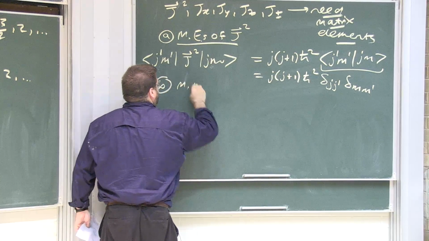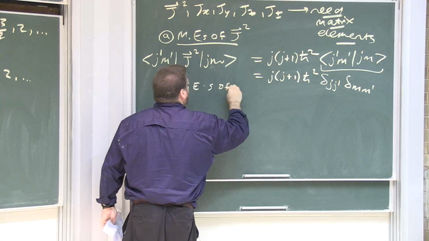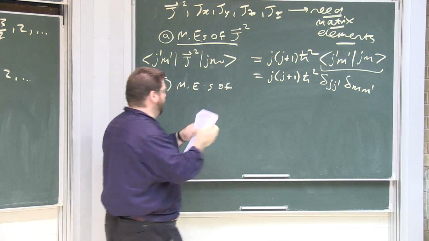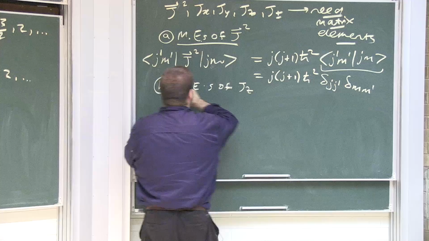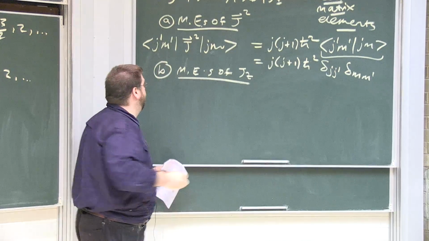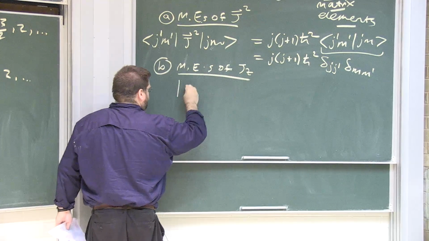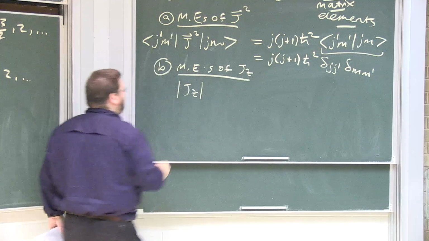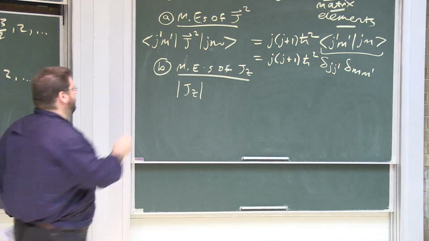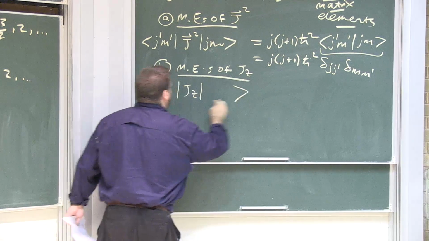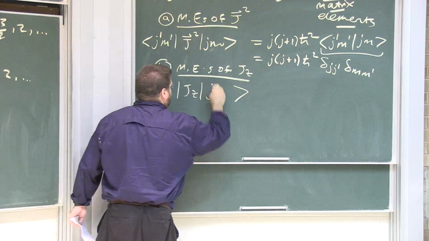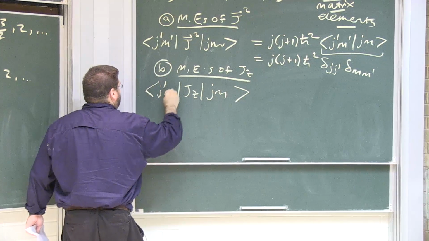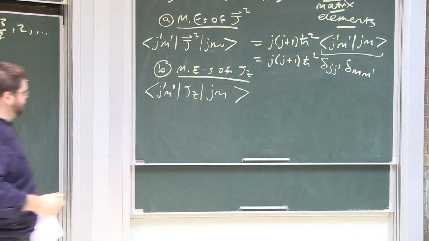Next, we want the matrix elements of Jz. Now, the logic here is going to be very similar. This is the operator whose matrix elements you want. You sandwich it between two different basis vectors, jm and j prime m prime.